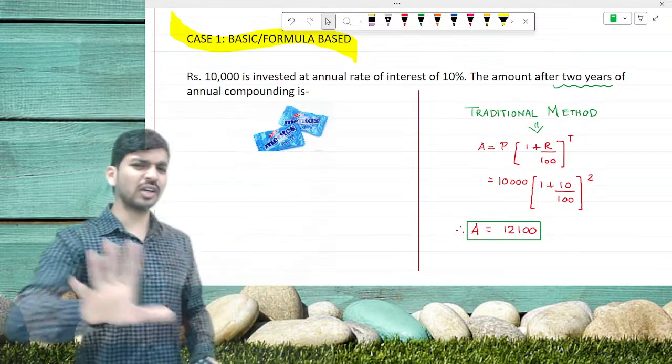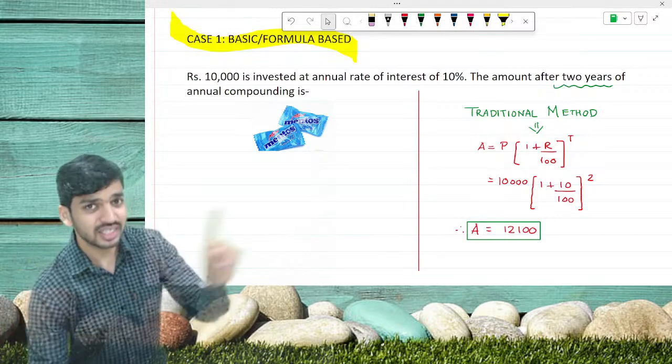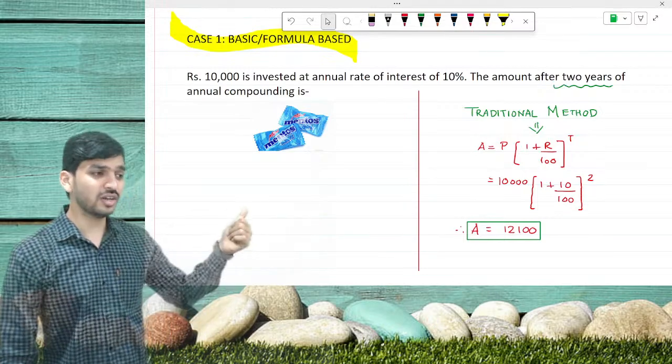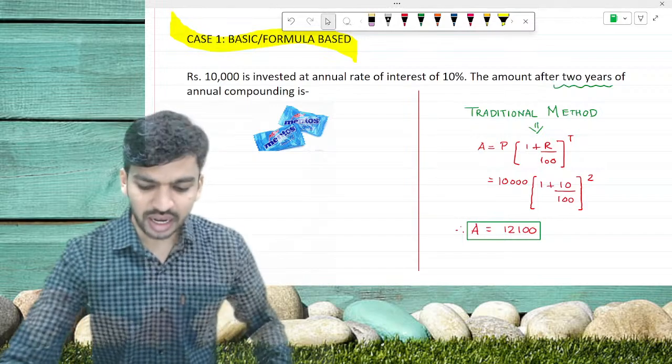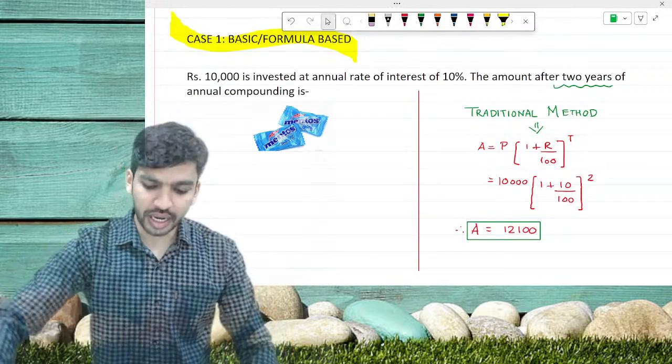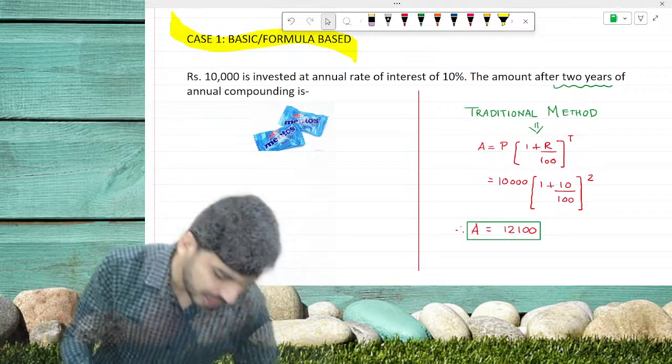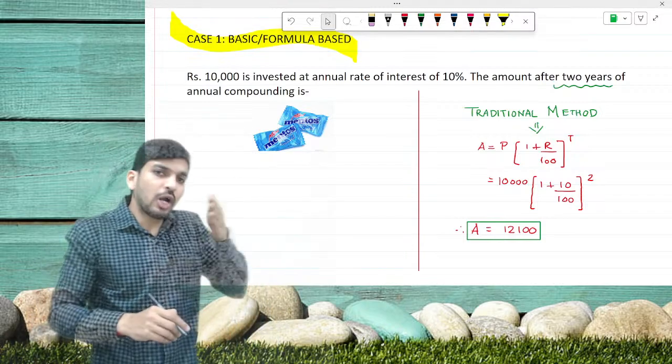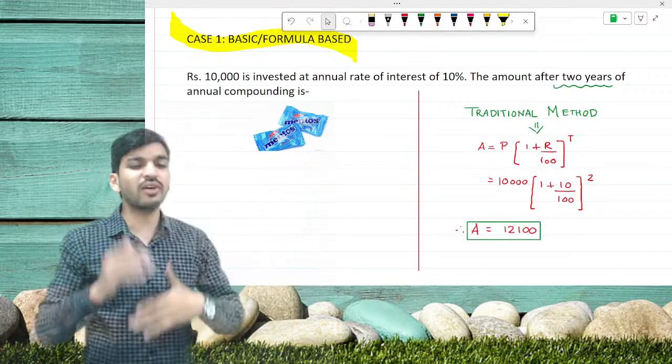So this was the very first case, out of 5, which was very easy, where we are just doing addition of percentage on the calculators for n number of years they have given.